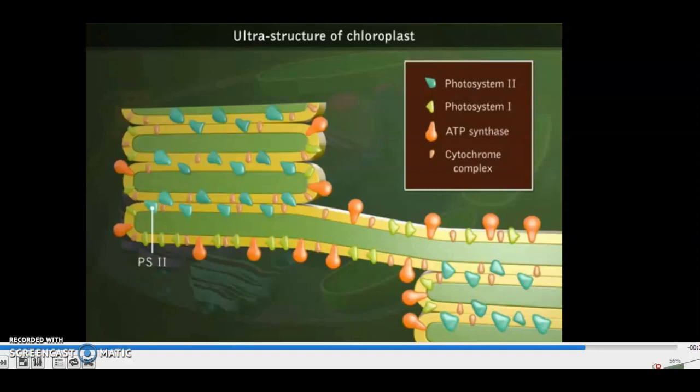So photosystem 2 is present in the thylakoid membrane only, but photosystem 1 is present in both the thylakoid membrane and the stroma lamellae. These are the ultrastructure of the chloroplast with the thylakoid and the stroma.